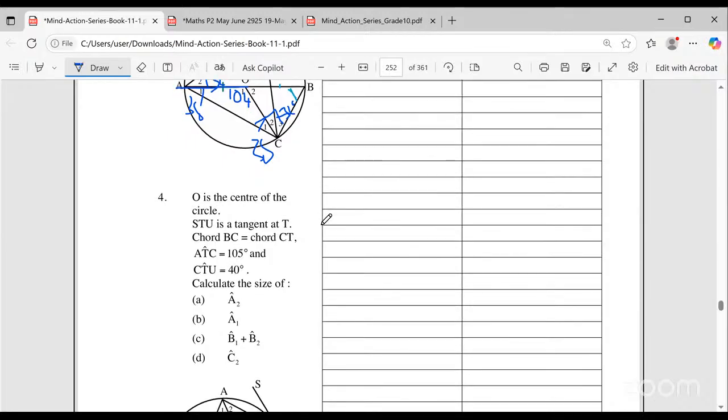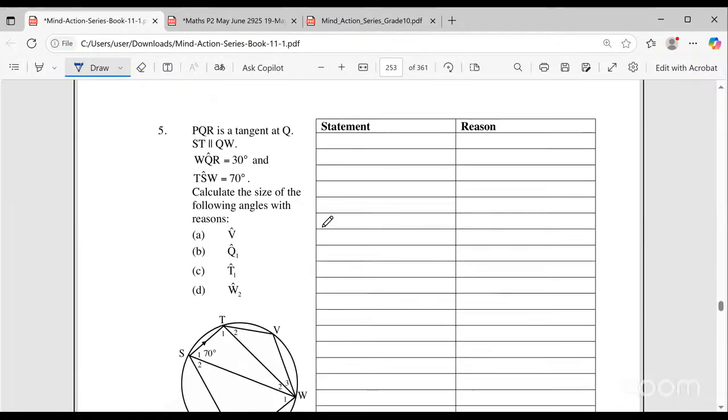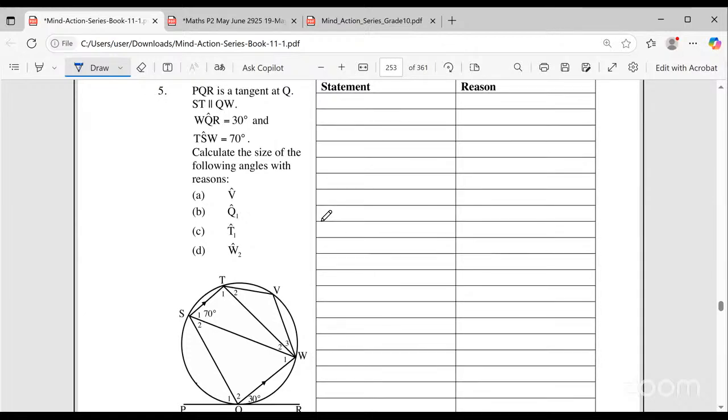Then now, let me just find some question. Okay, let's maybe work around this one. This one I want to work through with you guys. I just don't want to give some hints. I just want to read the statement and then we discuss the value of the size of these angles.